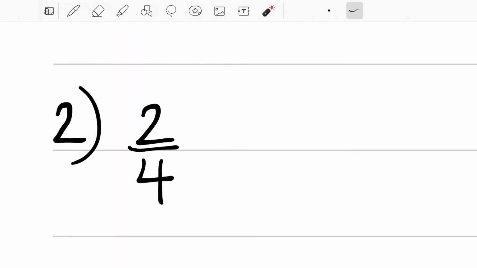Number 2. What number can go into 2 and 4? Well, for starters, we know that 2 and 4 are even numbers, so 2 can go into both of them. 2 into 2 is equal to 1, and 2 into 4 is equal to 2.